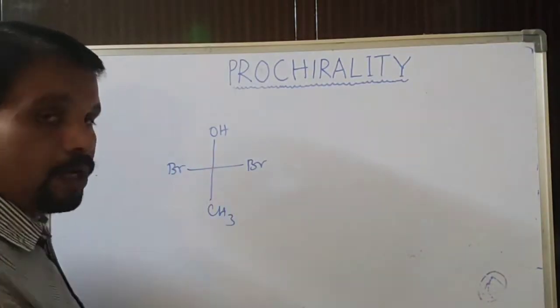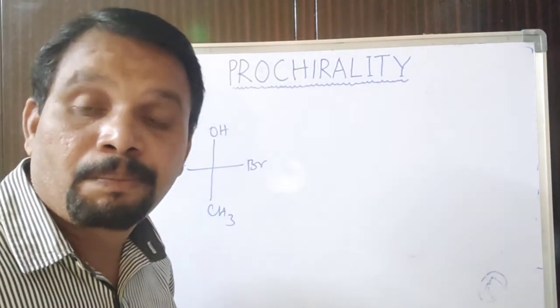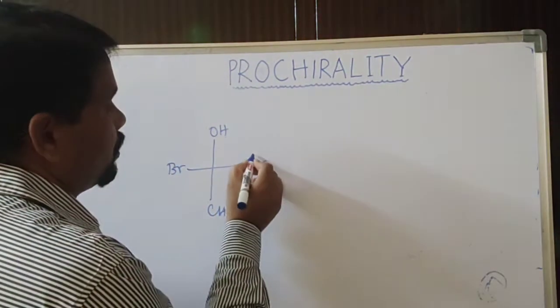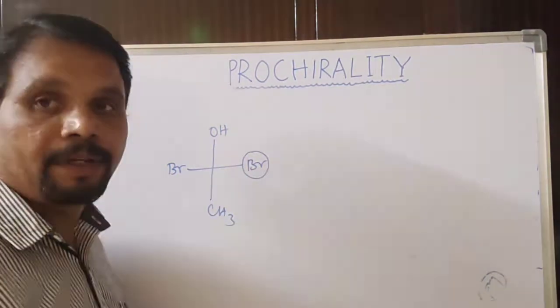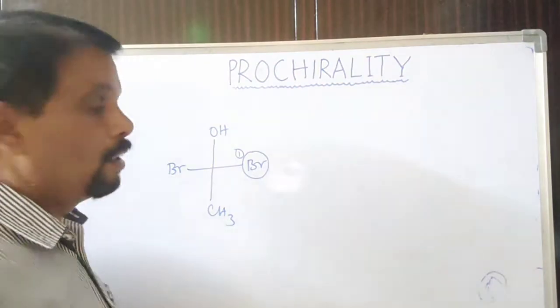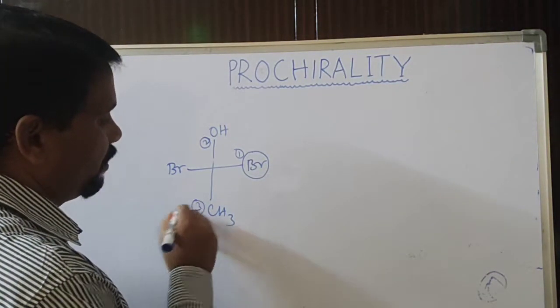So if you want to assign these notations or discriminations, suppose you want to assign this bromine, then it gets first priority. The second priority is oxygen, the third priority is carbon.